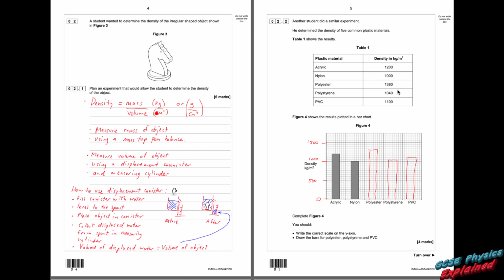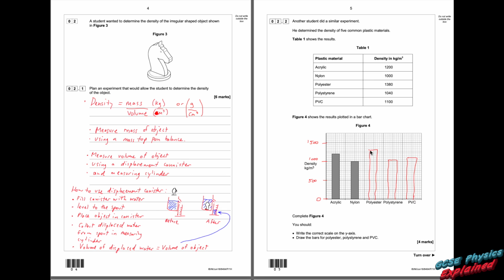So now we need to put the polyester in, so that's 1380. So there's 1000. Actually, I've done that one wrong there. That would need to go up an extra bar. So that would be 1250. That would be 1300. That would be 1350.